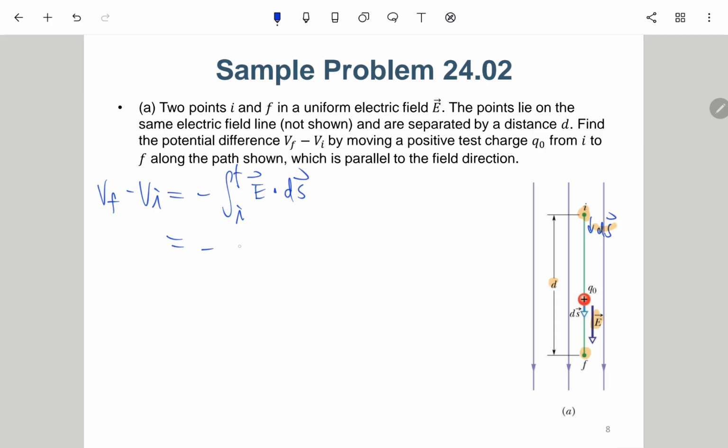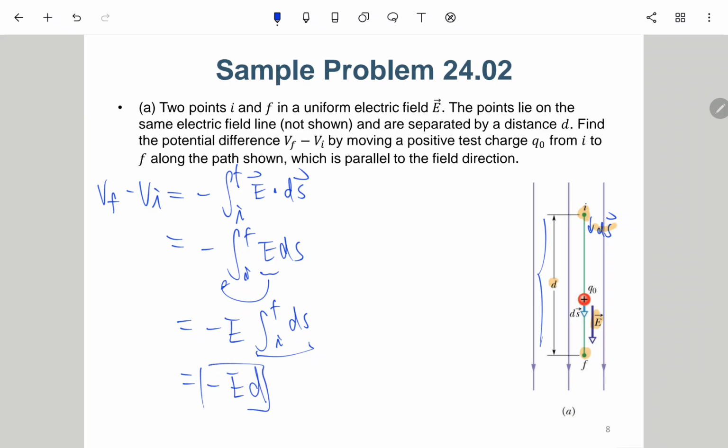So it turns out to be negative integration of E times ds from I to F. As long as E is a constant, we can move it out, so it turns out to be minus E integration of ds from I to F, which is nothing but the length of this path. The length of this path is d, so the answer is minus Ed. So this is easy.